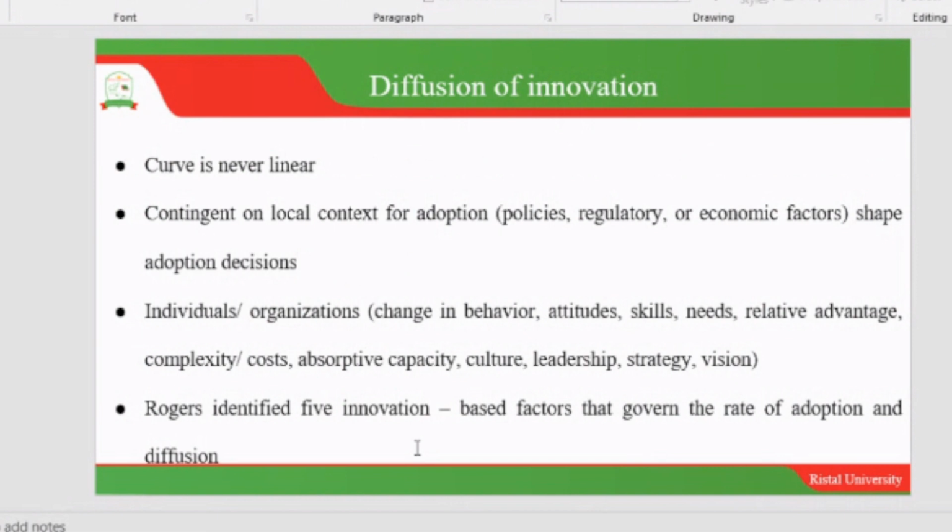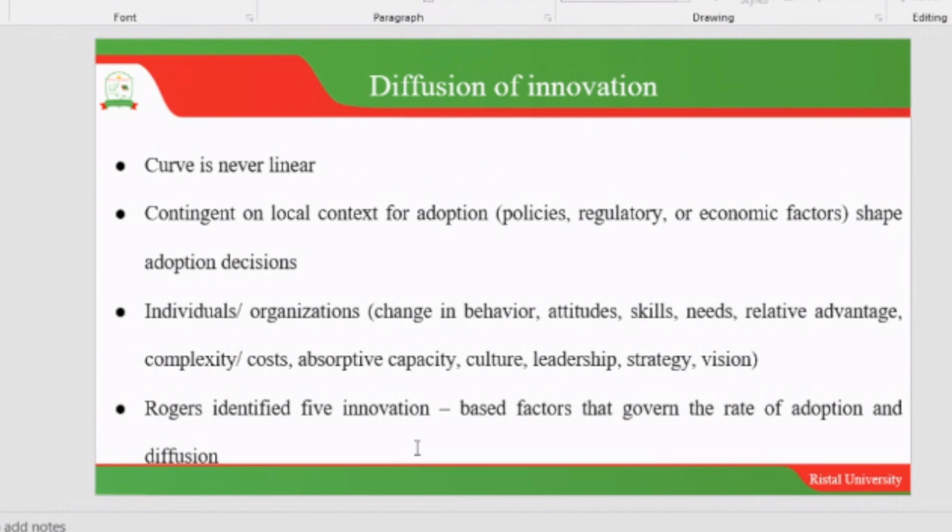We look at other factors that could affect your innovation apart from the market. Okay, so existence of only the market is not basically a guarantee of success in innovation, especially in the healthcare sector. So we also look at other factors like policies, regulations, and other economic factors that could be prevalent at that time. Okay, and could shape decisions about your innovation.